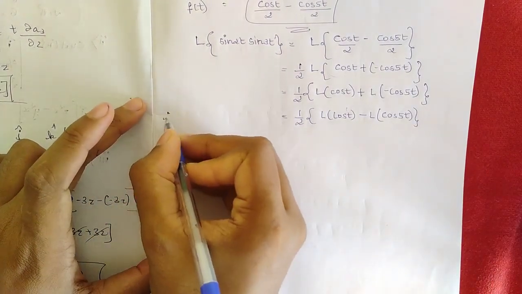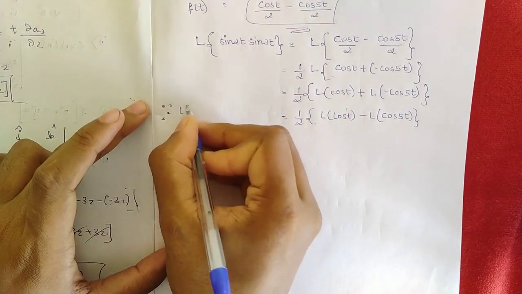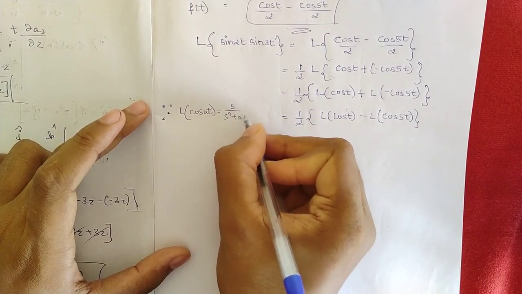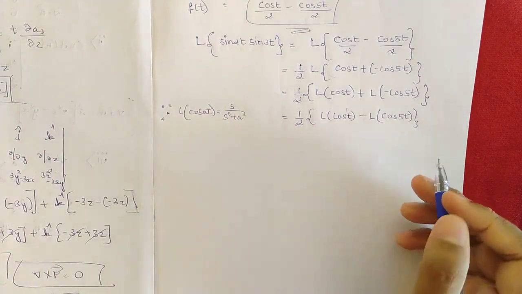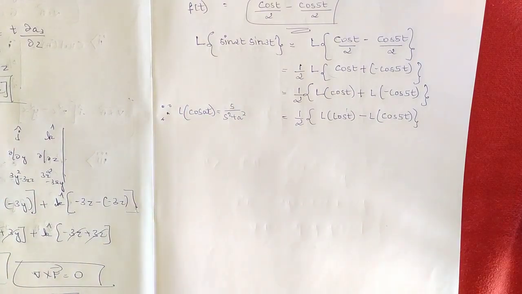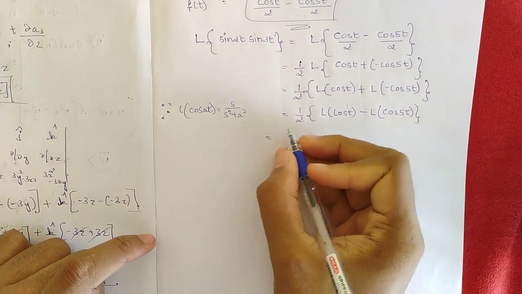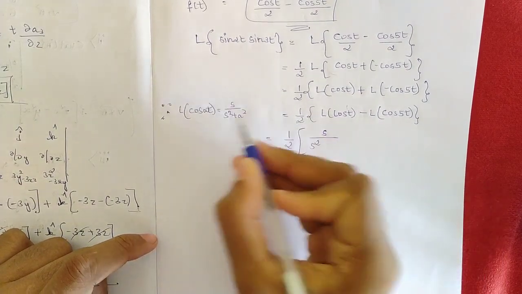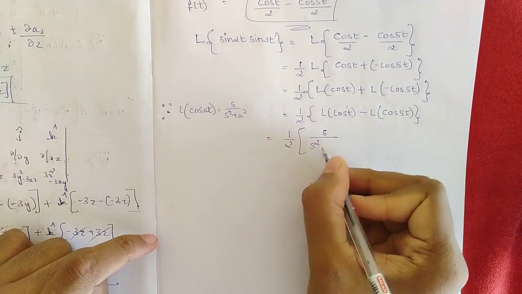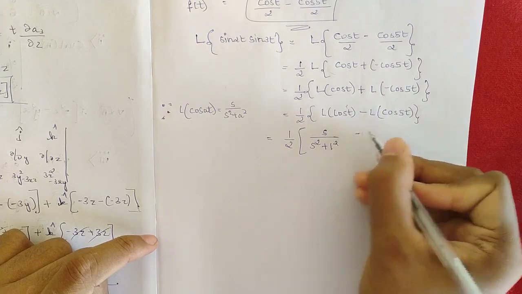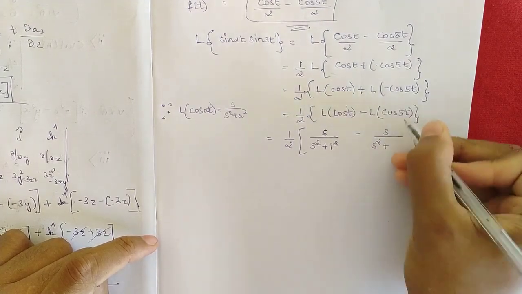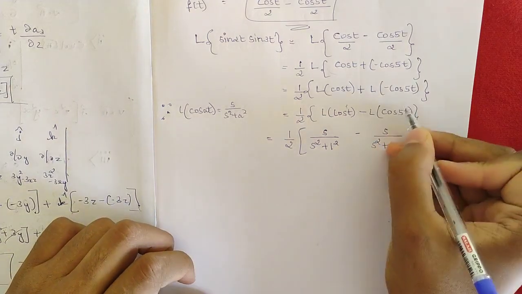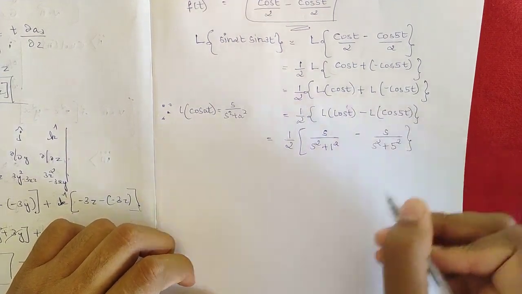So we get 1 by 2 into s divided by s square plus 1 square, where the coefficient of t is 1, minus s divided by s square plus, in place of a we have 5, so s divided by s square plus 5 square.